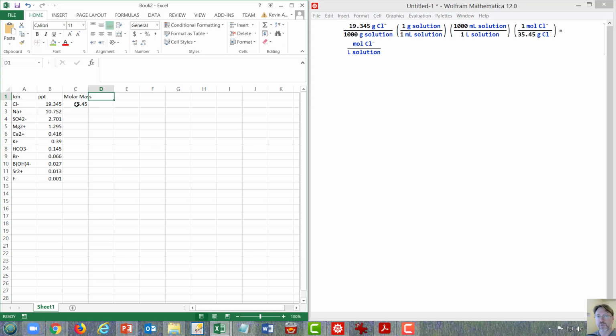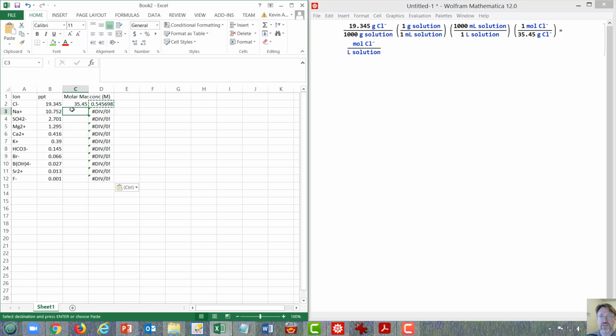And so the calculation we do to get the concentration in molarity is we take the value we have here, divide by 1,000, multiply by 1,000. Those cancel each other out. So basically all we do is we take this and divide by the molar mass. So this is going to be equal to that divided by that. Okay, so I'm going to copy that formula all the way down here.